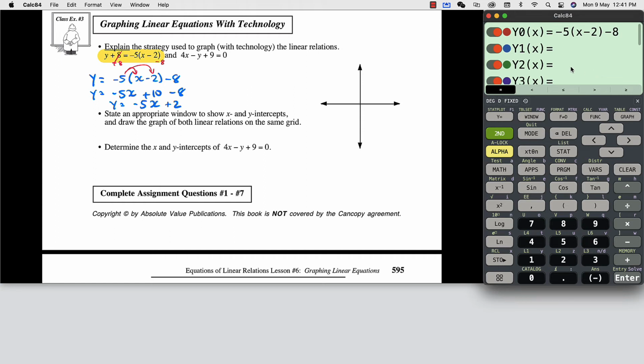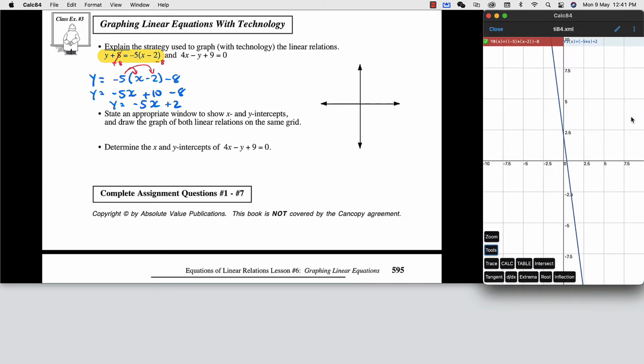And now that is in the slope y-intercept form, and if I put in -5x plus 2 and I graph it, you can see they are both the same line.